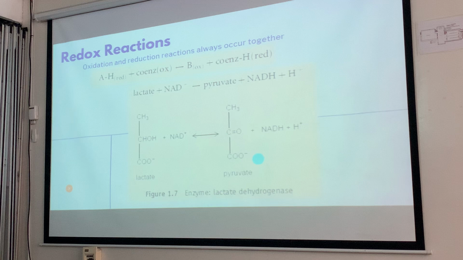Lactate becomes pyruvate through lactate dehydrogenase because two hydrogen molecules are being oxidized or removed. And then this is the reduced form, the NADH. This is important when you go to the last part of your glycolysis cycle.